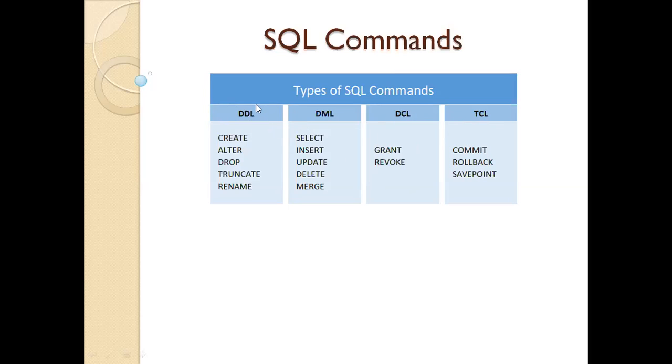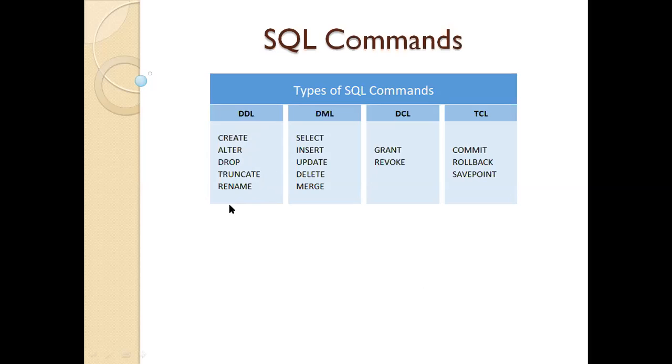The first one is DDL. DDL is data definition language. First, what you have to do, you have to create a table, isn't it? In order to create the structure of a table, these DDL commands are used. I'll give you a real-time example. Suppose you want to courier some items.